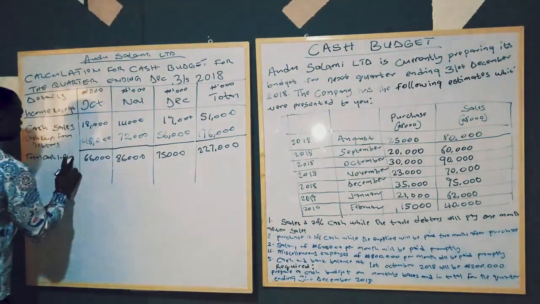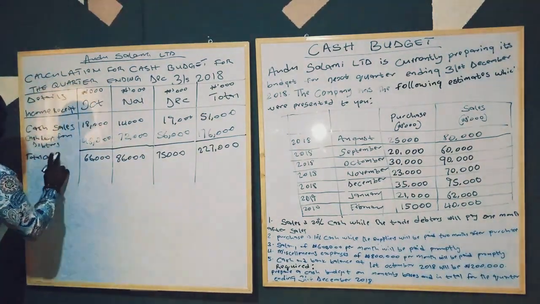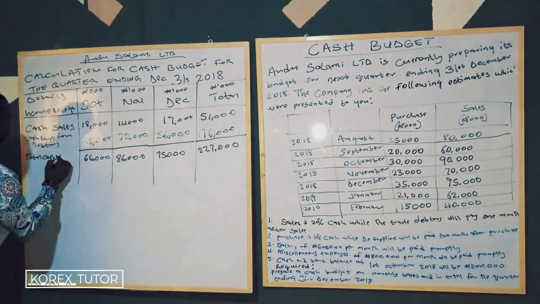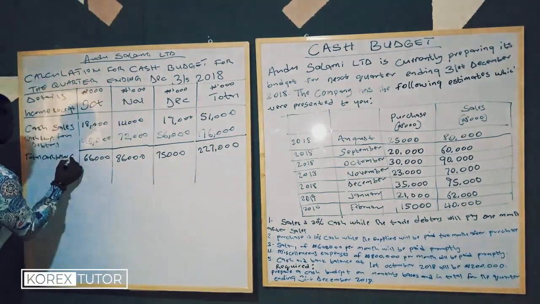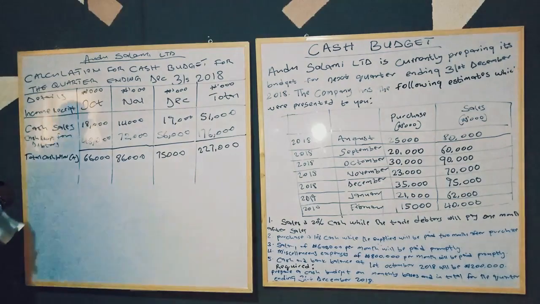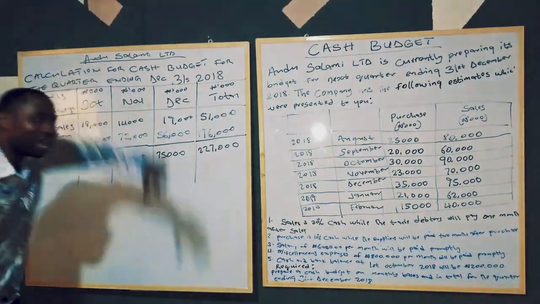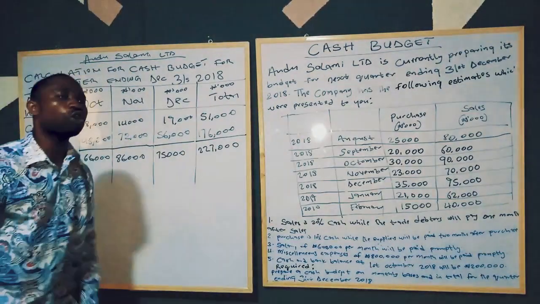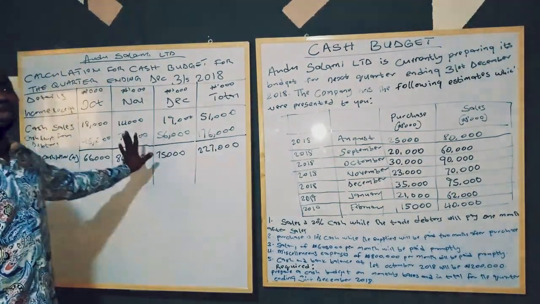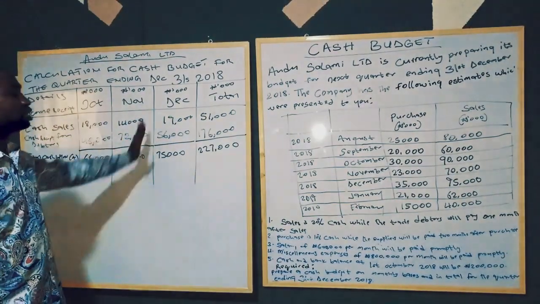You can regard this one as A. This is our total cash inflow, all the money that enters the company within these 3 months.